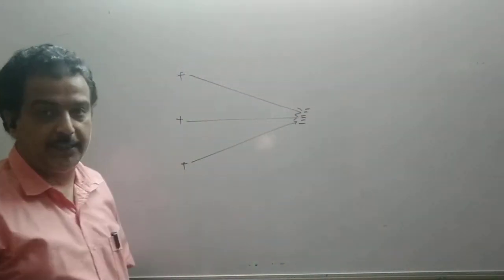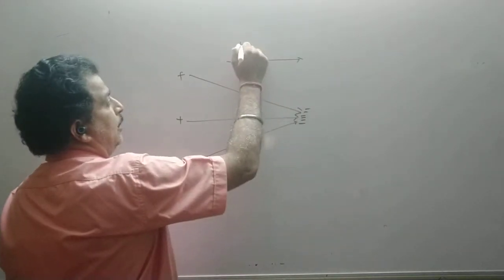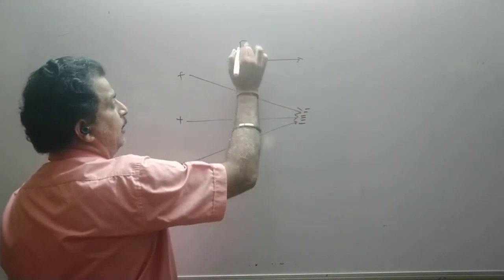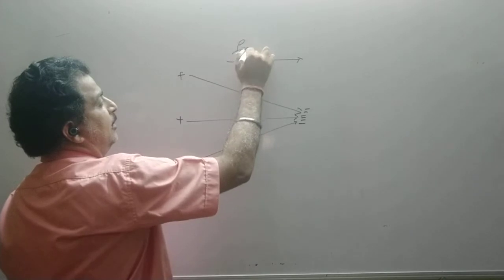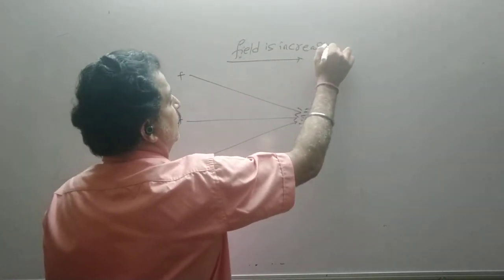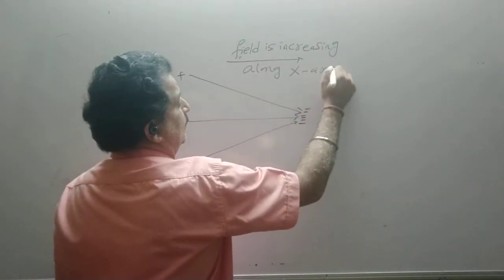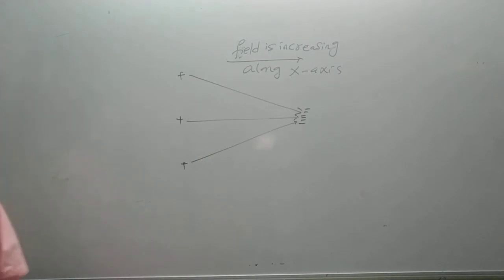Now I keep a dipole in this non-uniform electric field. Here I can say field is increasing along x-axis. Field is increasing along x-axis.